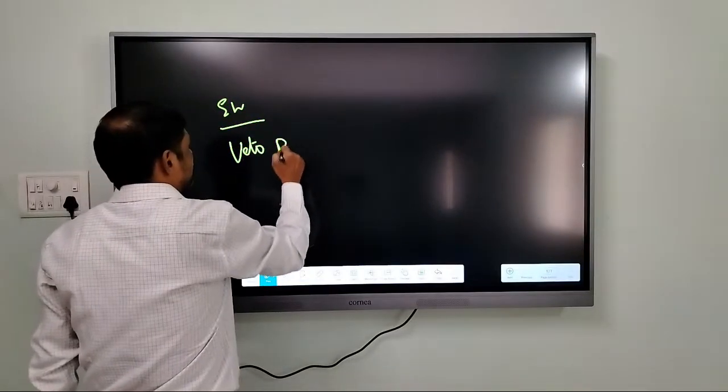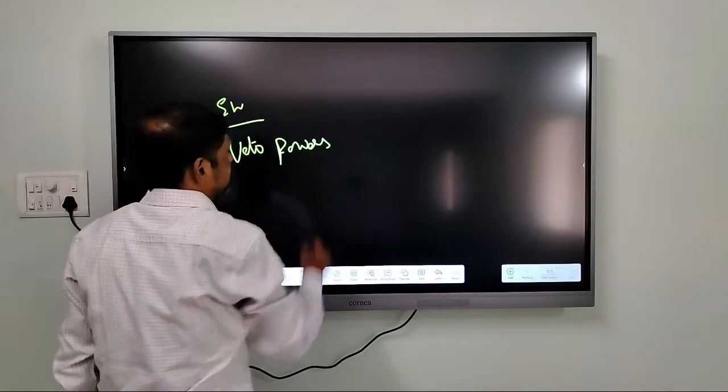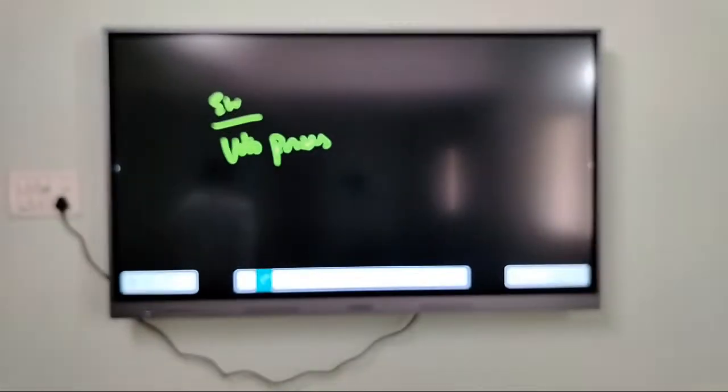The last point of discussion was the veto powers of President of India.